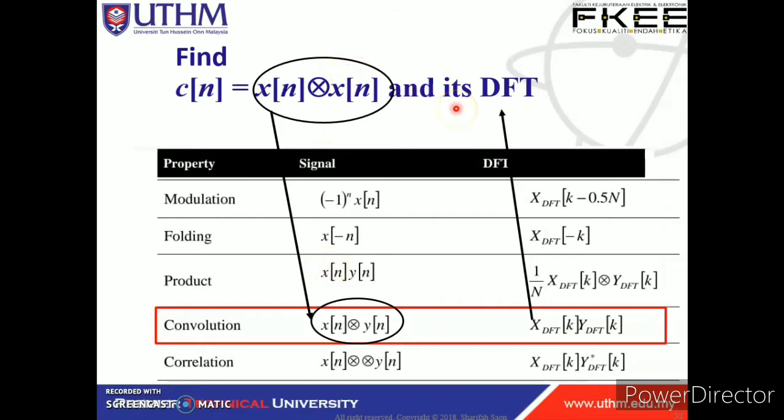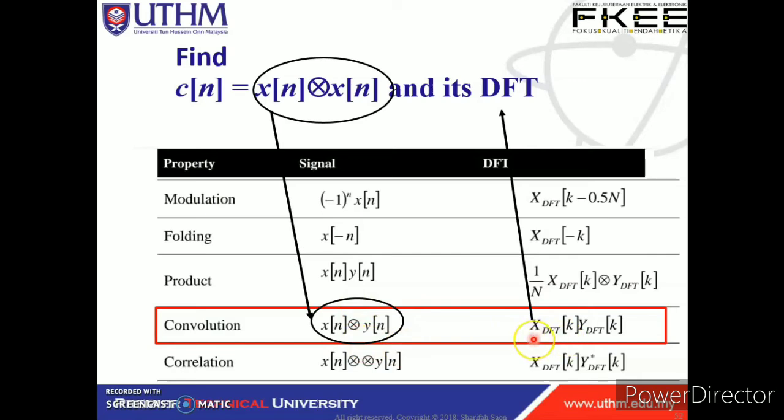Next is how we can find the DFT of cn, or C DFT k. First you need to find this property, xn periodic convolution with xn. This one in the table is xn periodic convolution with yn. Since our question is xn, we can change the y DFT k here into x DFT k. This is just a name, so you can change it depending on your question.